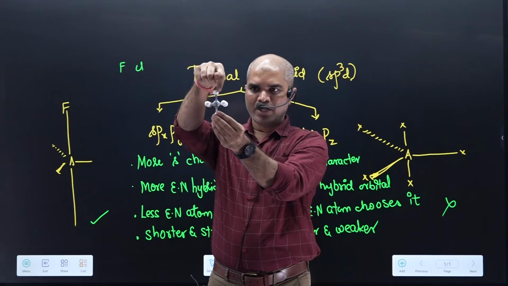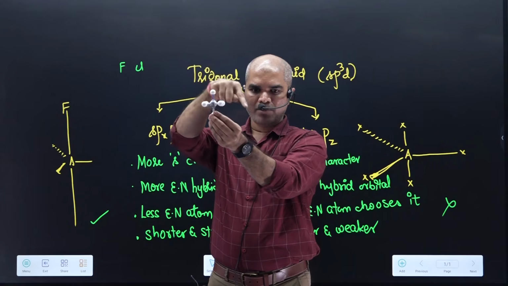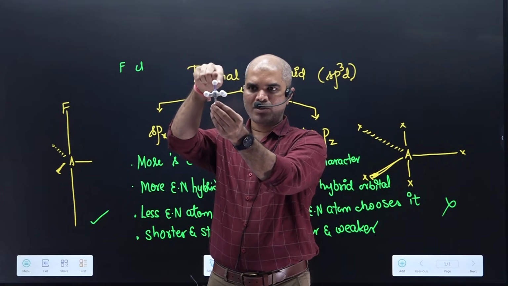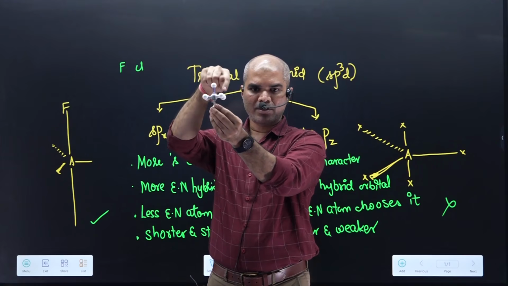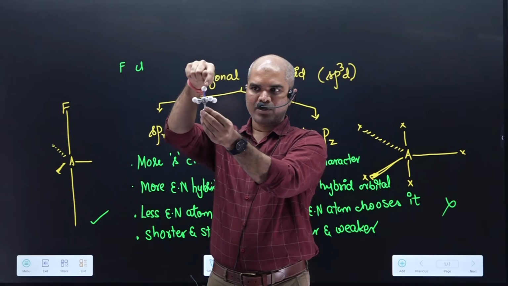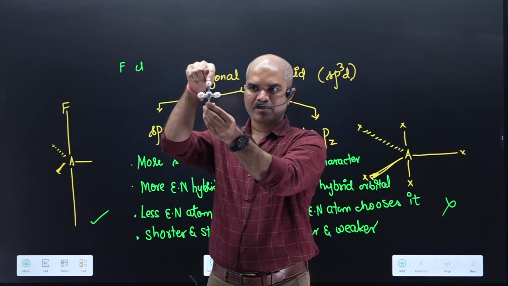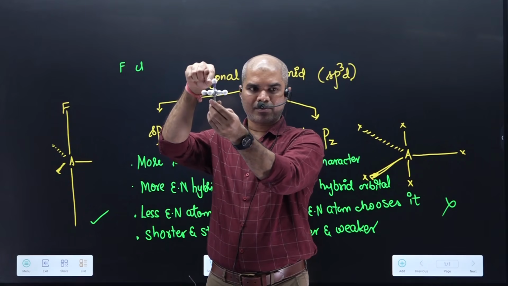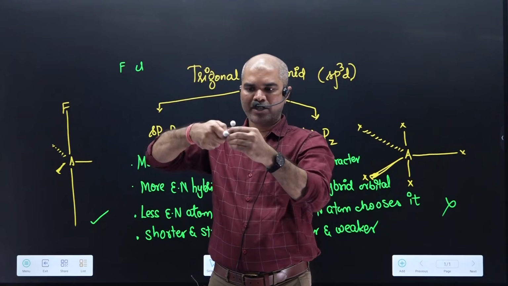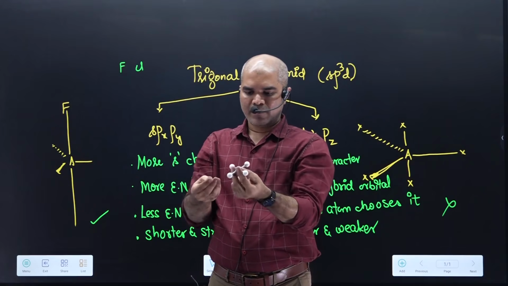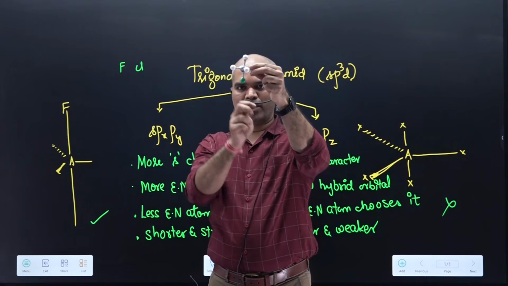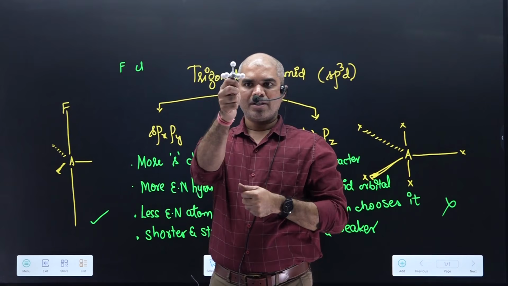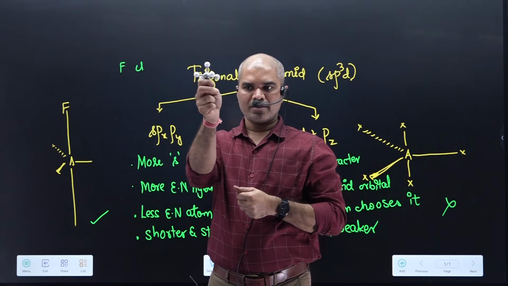The distance from here to here is the same. But on paper when you draw, this distance looks very short and this distance looks long. But truly speaking, it is the same distance. When I put a lone pair, anywhere you can put a lone pair. This is one lone pair. If I don't take that lone pair, the geometry is a square pyramid.